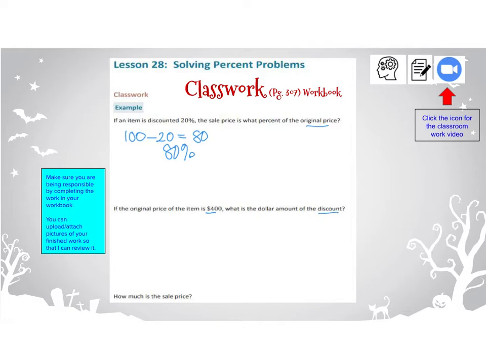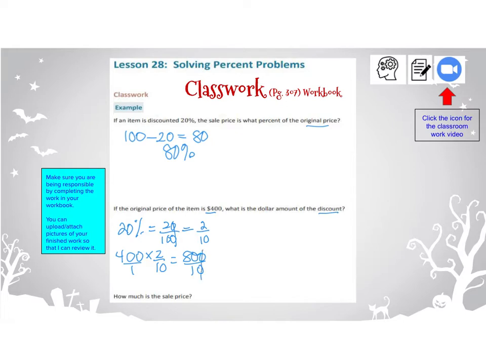So if we had 20%, we're going to rewrite it as 20 over 100, and then that equals, if I divide top and bottom by 10, 2/10. Now I'm going to take the 400 and multiply that by 2/10, and that's going to give me 800 over 10.